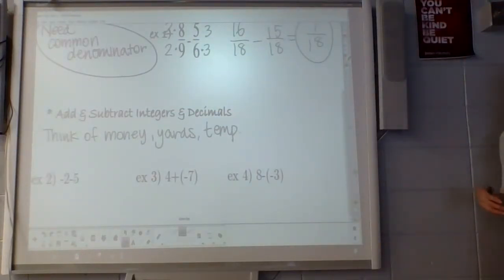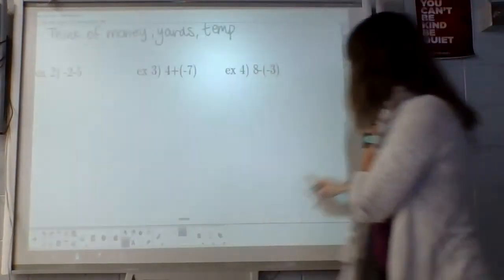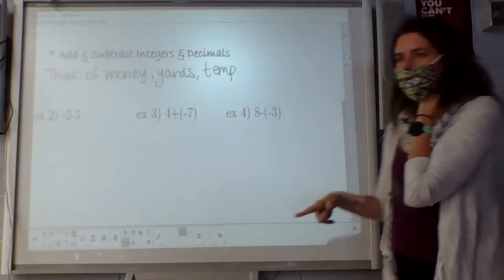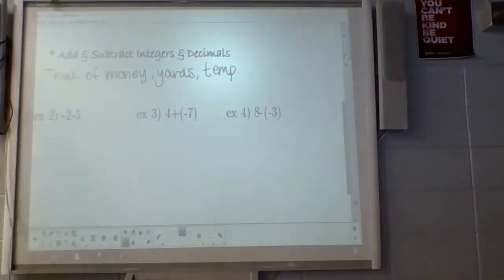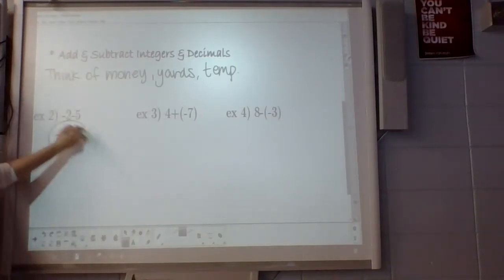I go down 2 and down 5 more. It's probably too soon to talk about the Packer game, but you lost 2 yards, lost 5 more, there's a few sacks there. So we've lost a total of 7. It ends up being a negative 7.